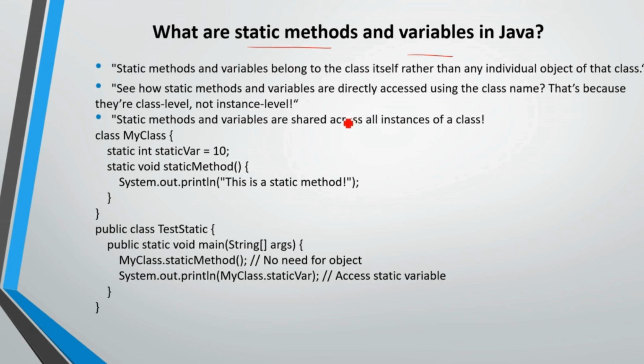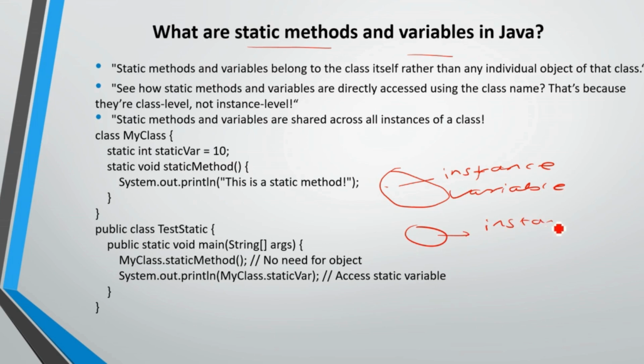This means that while instance variables are unique to each object, meaning for each object there will be one instance variable, and if there is one more object, it will have its own instance variable, the static variable is shared among all objects.